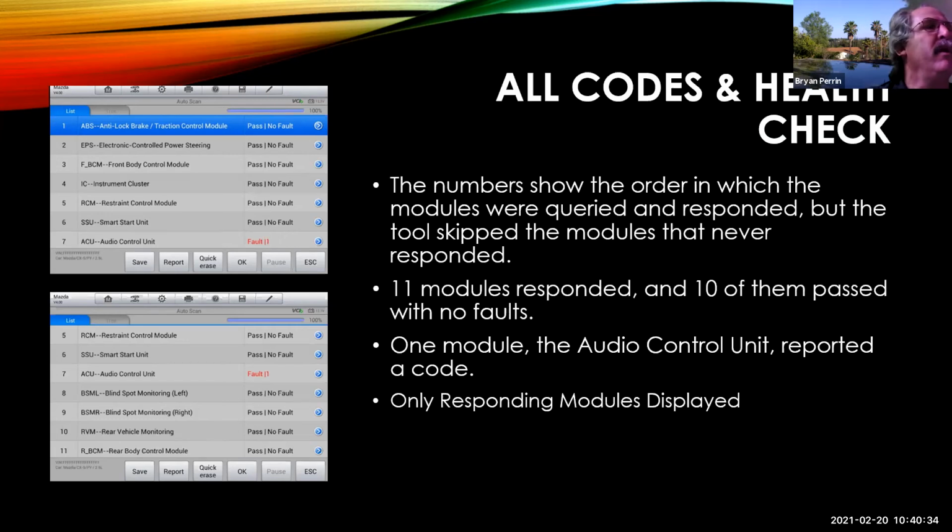So if you have a tool that's doing this health check or query test as an aftermarket scan tool, it's only going to show you the modules that it can talk to. So it may have a list of 30 modules that are possible on the car. It's going to try to talk to all 30. It's only going to show you the ones that it actually established communication with.